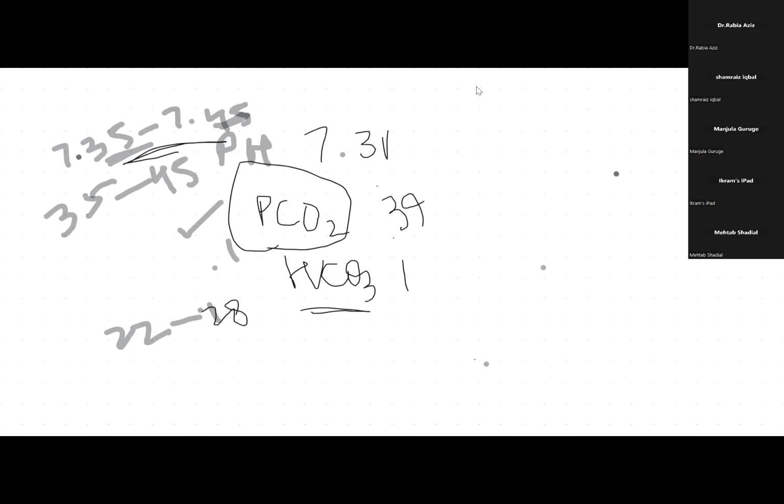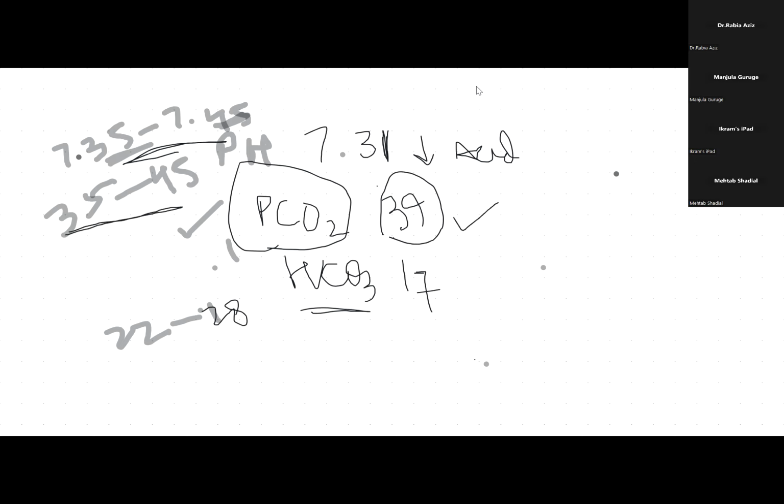Now quickly solve with me. What is this? This is decreased. It becomes acidosis. This carbon dioxide, 35 to 45, is normal, and this bicarbonate is decreased.